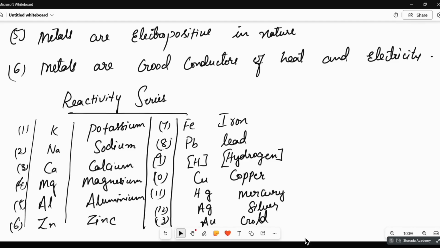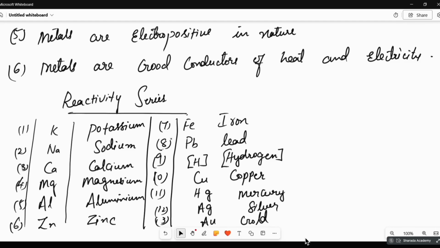Why do we call gold so precious? It will not lose its property because it is least reactive in nature. It will not react with water, with air, even with steam. It will not react at all. That is the reason we call gold very precious: it keeps its properties.